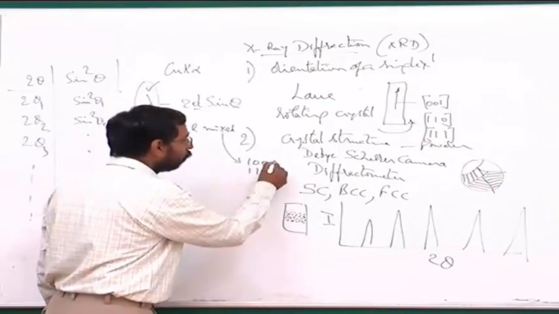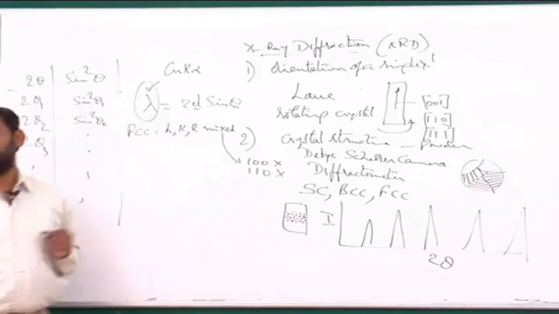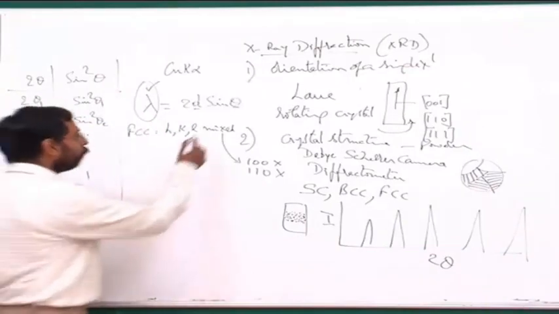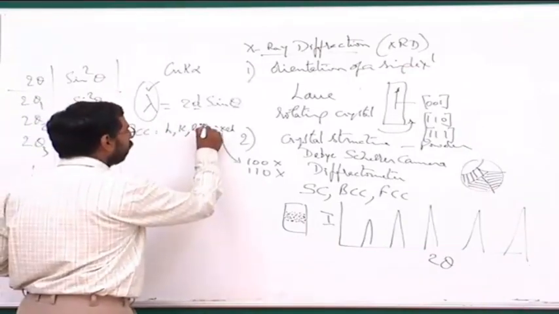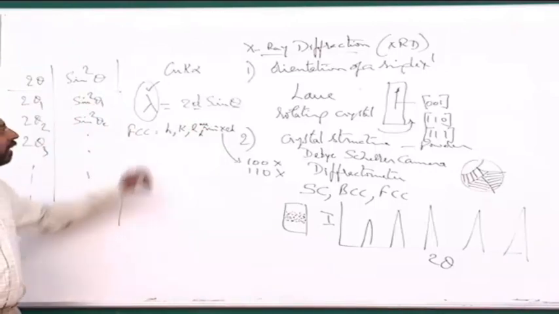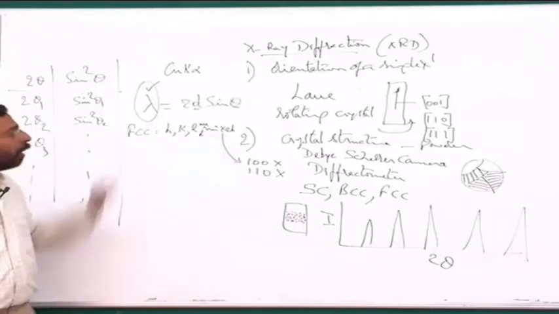Similarly, a 100 plane will not show any intensity in the diffraction pattern for an FCC. So the condition for seeing the peaks in an FCC is that they should be unmixed. That means either they all should be even or all should be odd.